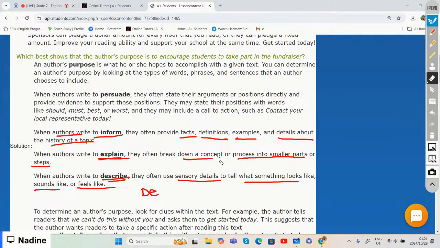All right. So once again, we see that an author that likes to describe often uses sensory details. Remember, sensory details are to do with our senses. It's tasting, it's smelling, it's touching, it's hearing, it's seeing, right? So they often use sensory details to tell us what something looks like.